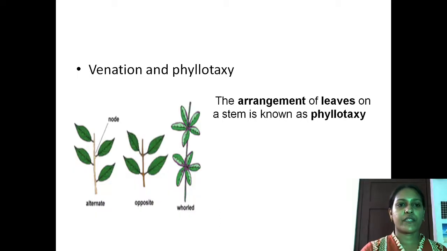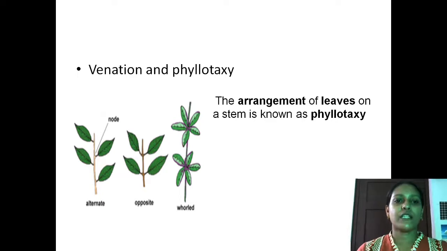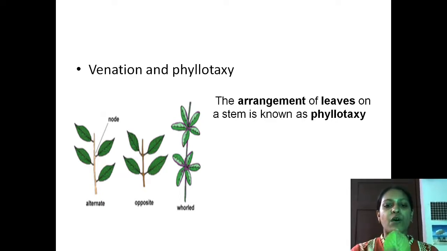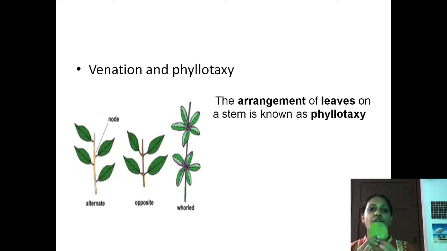Okay. Now, what is venation? Venation, I've already told you, is the arrangement of the veins. Okay, these are the veins. Arrangement of veins on the leaf lamina is called venation. What about phyllotaxy? It is the arrangement of leaves on the stem.